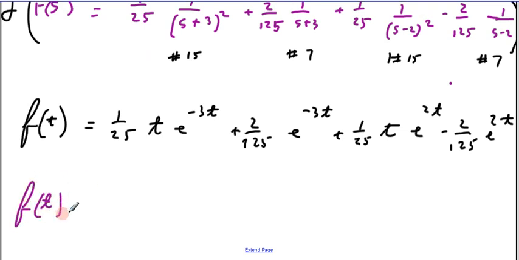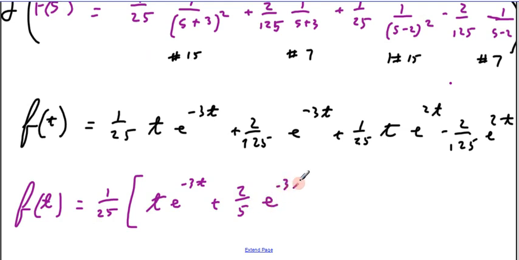F of t, 1 over 25. And I got a t e to the minus 3t, plus 2 over 5 e to the minus 3t. I've got a plus t e to the 2t, and a minus 2 over 5 e to the 2t.